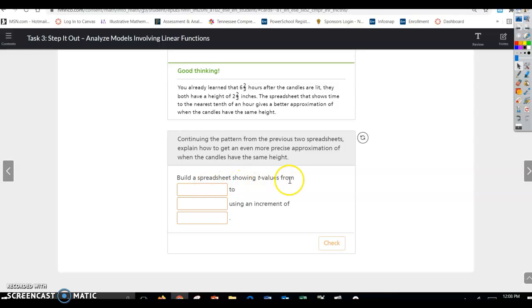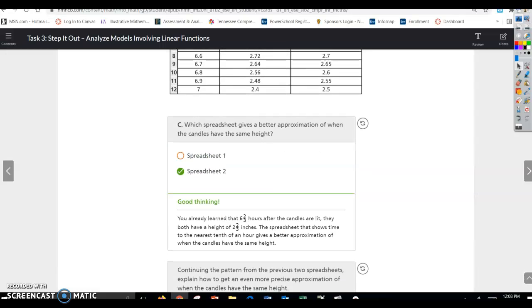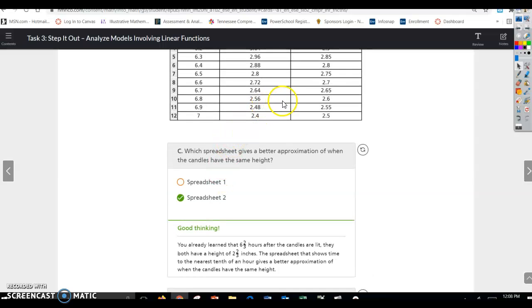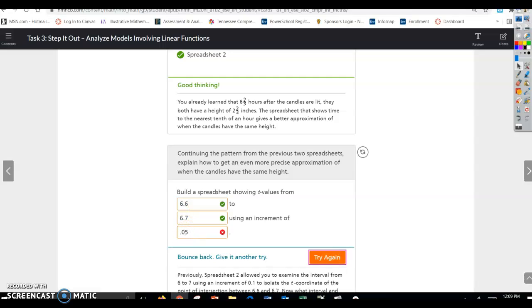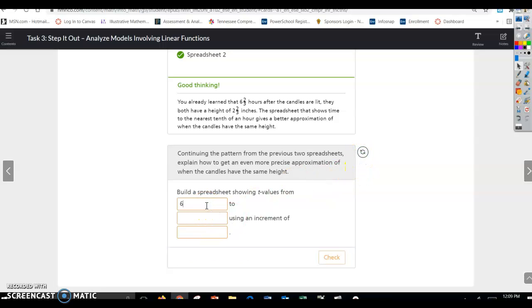So build a spreadsheet showing t values from 6.6 to 6.7, using an increment of 0.01.